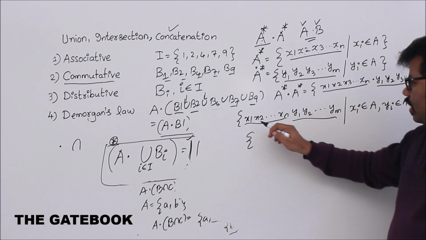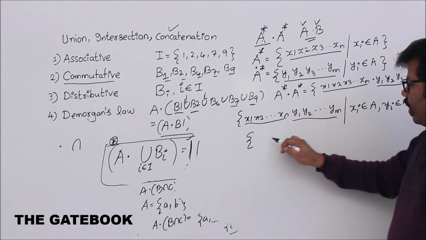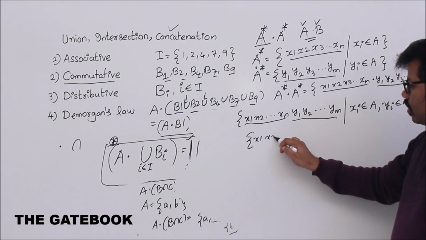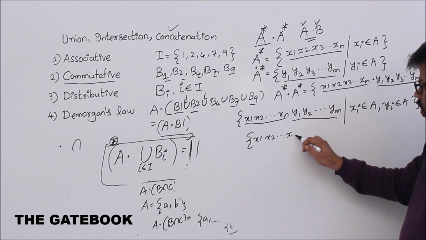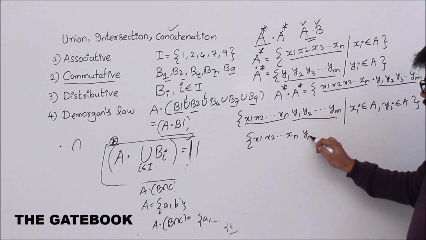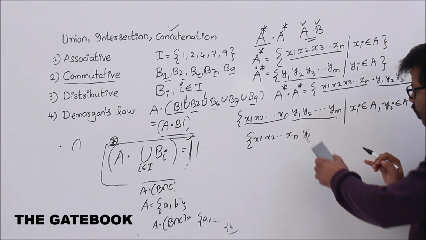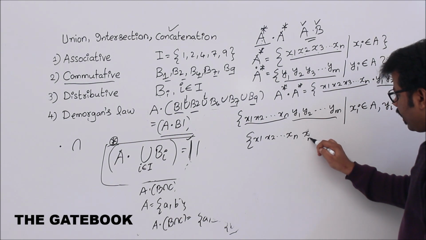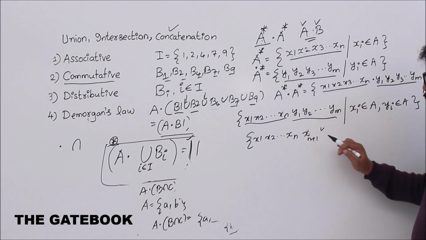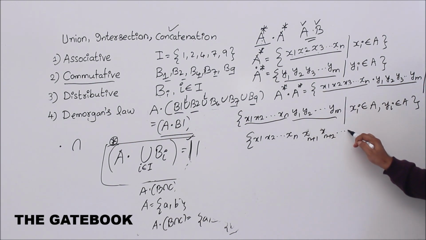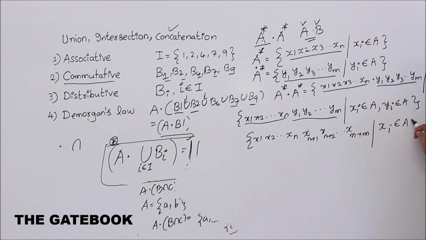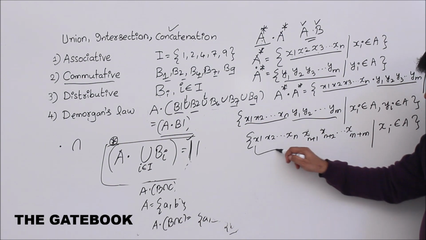So instead of writing different variables, I can simply say x1, x2, and so on, xn. Then y1 can be written as xn plus 1, y2 as xn plus 2, and so on, and ym as xn plus m, where each xi now belongs to A. Just understand the notation.